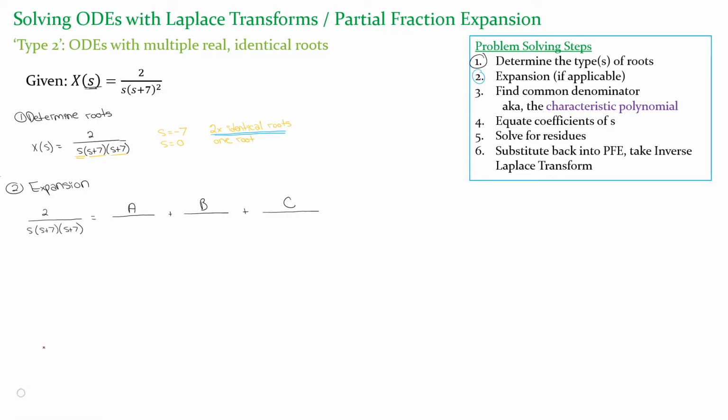And then for my first denominator, I'm going to have s. For my second denominator, I will have s plus 7. And for my third denominator, I will have s plus 7 squared.